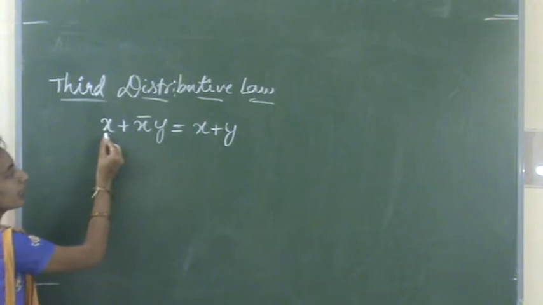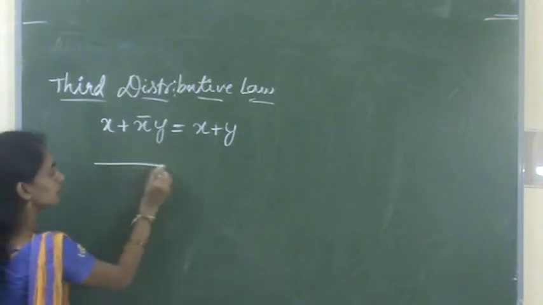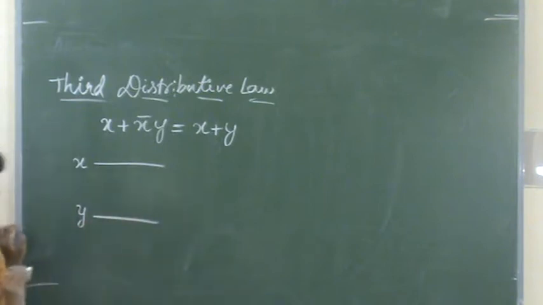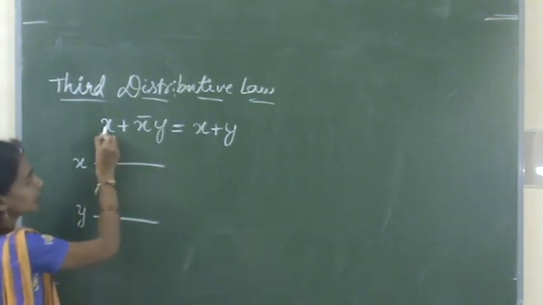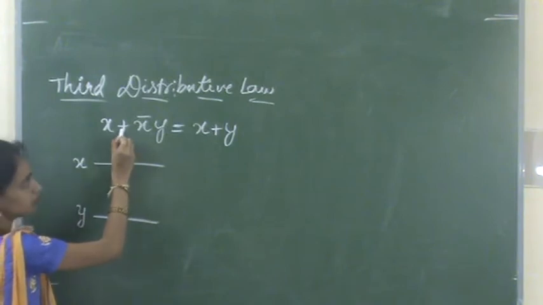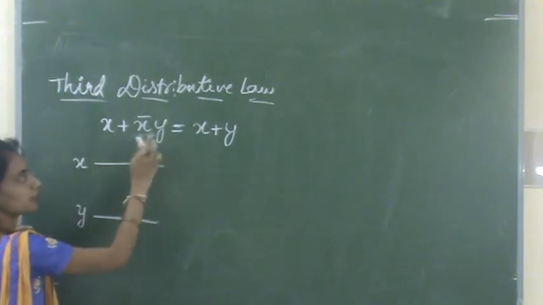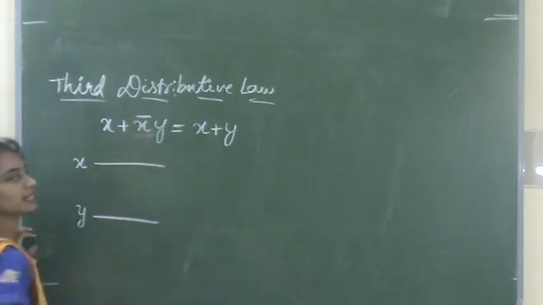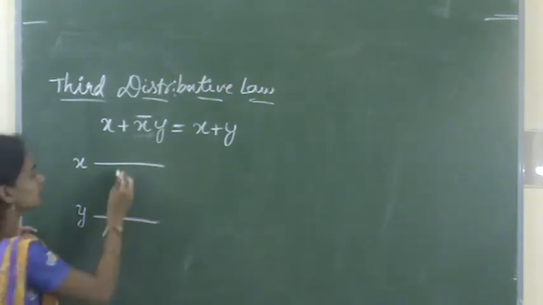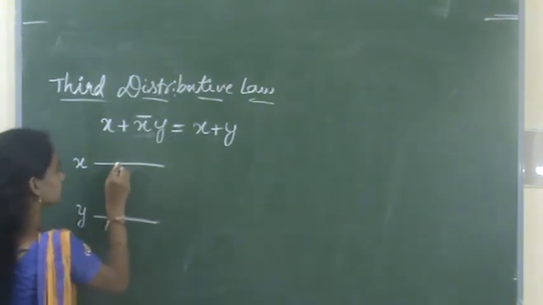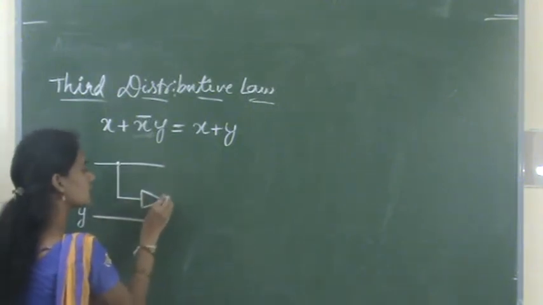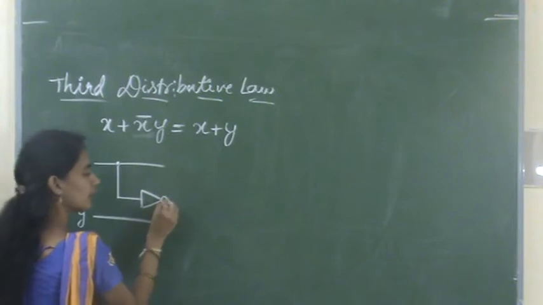Okay. So here we are taking two inputs, right? One is x, another one is y, right? So here the x is performing OR operation. Before that we need to write the circuit diagram for this, right? AND operation. Here that is x bar, right? So we know that AND gate. So use that AND gate here. So this is the symbol for AND gate.